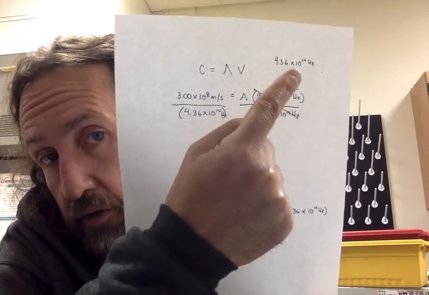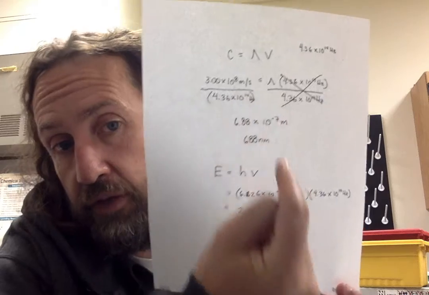So as long as I have the frequency, I can find the wavelength and the energy. I'll give you a couple other examples in the next video, but I think that's probably enough for right now.